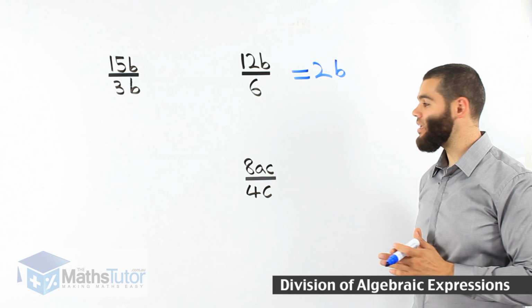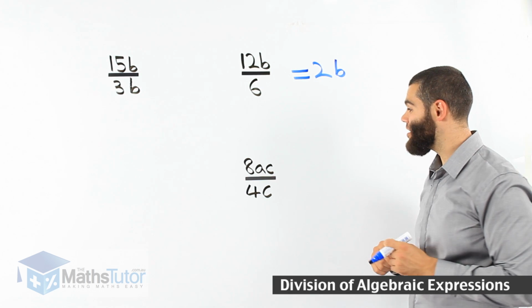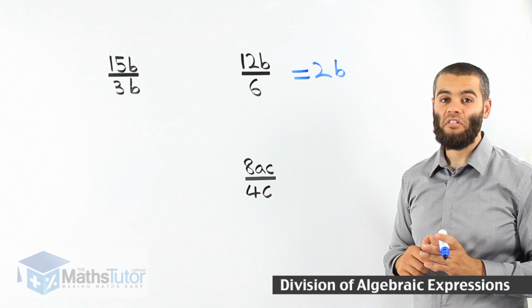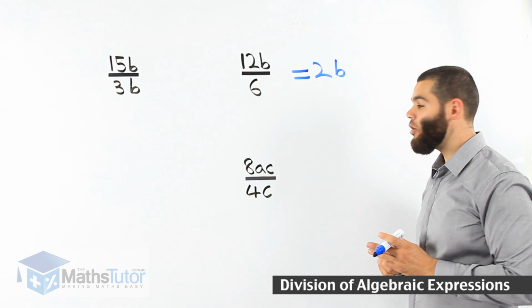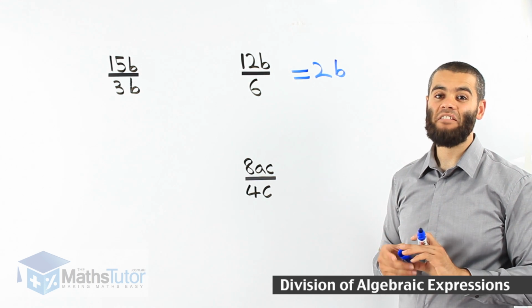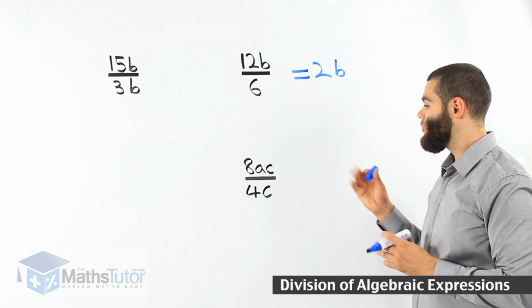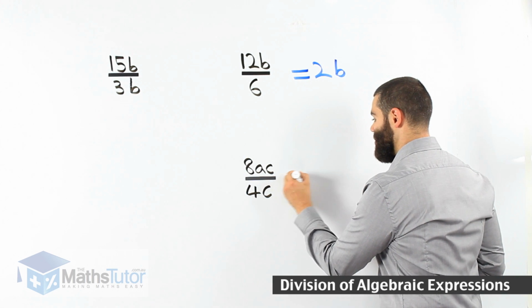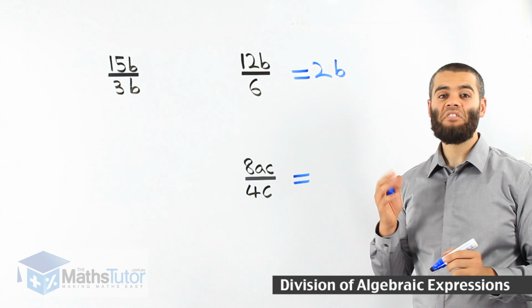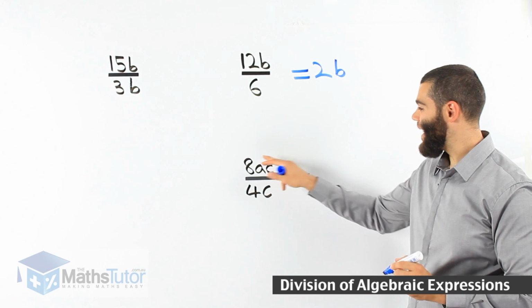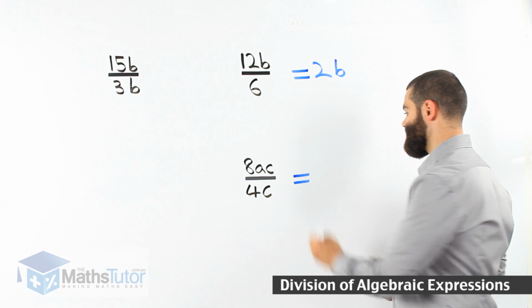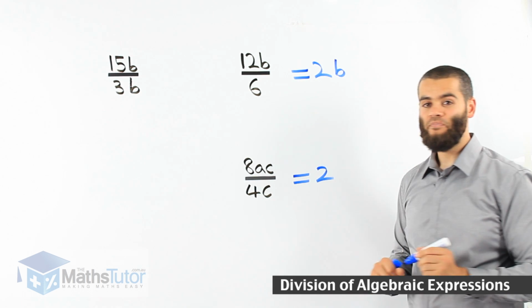We have another example here. 8ac over 4c is the same as 8ac divided by 4c. Well, let's do it. Again, we start with the numerals first. 8 divided by 4 is 2.